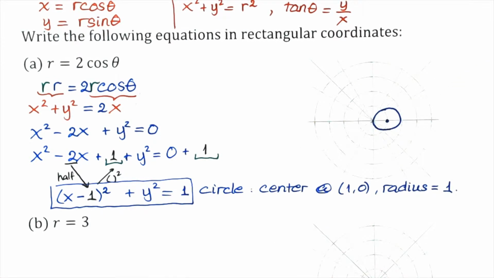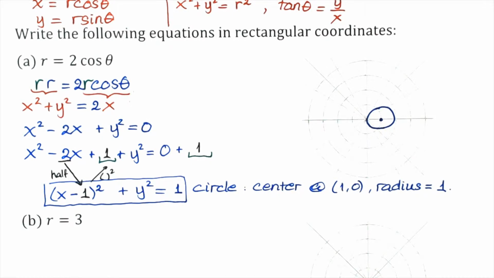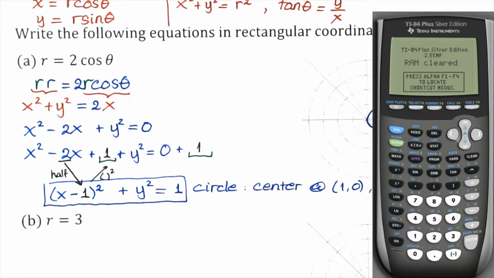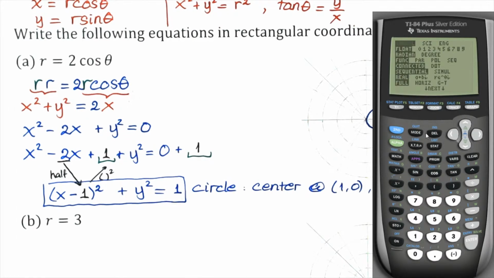a circle like that. I will use the calculator, because it will graph better with the calculator. Right. To graph in polar coordinate, first we need to make sure it is in the right mode.